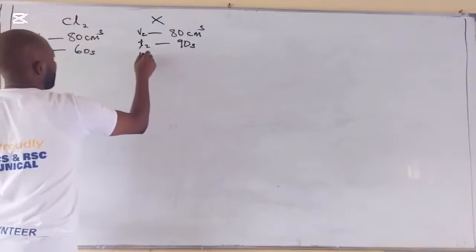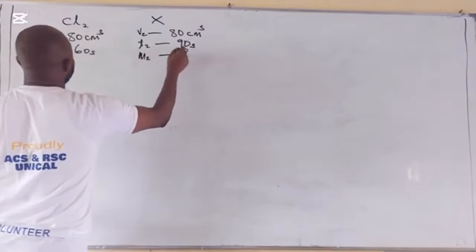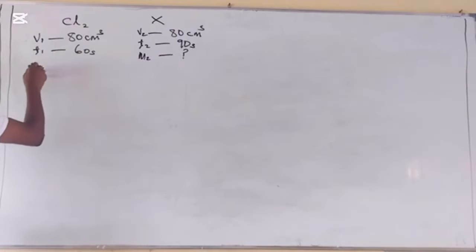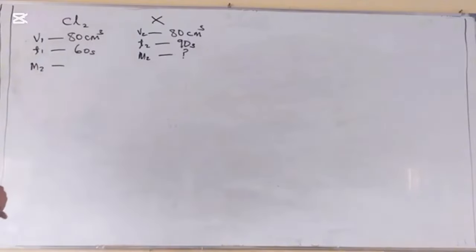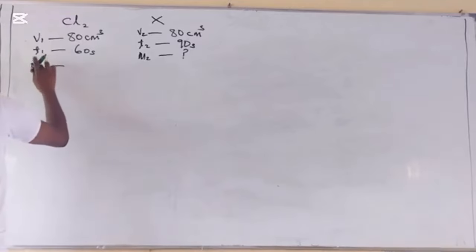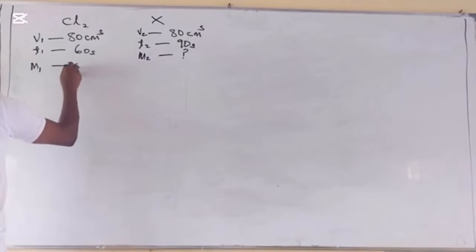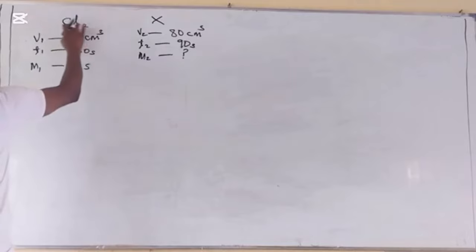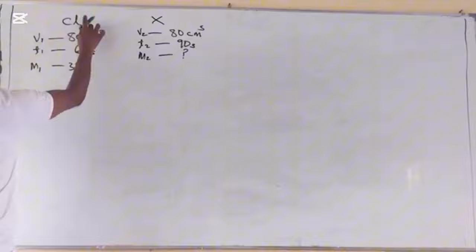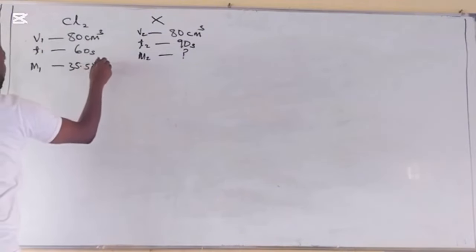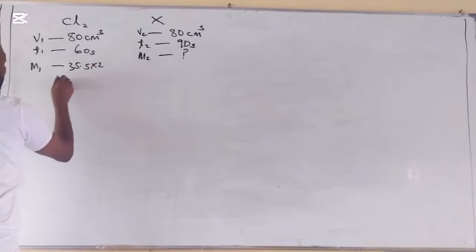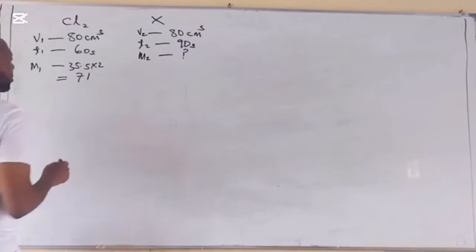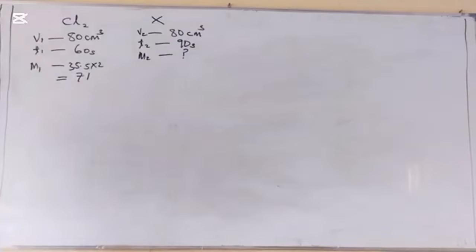M2 is what we're looking for. We know the relative molecular mass of chlorine is 35.5. This is M1, 35.5, but chlorine gas contains 2 atoms, so times 2, which is equal to 71. So we are to get our M2 if M1 is 71.